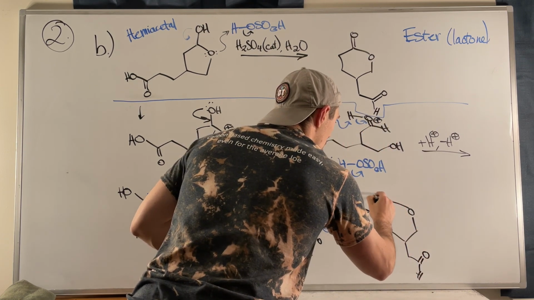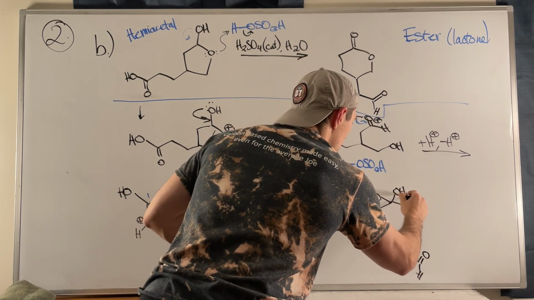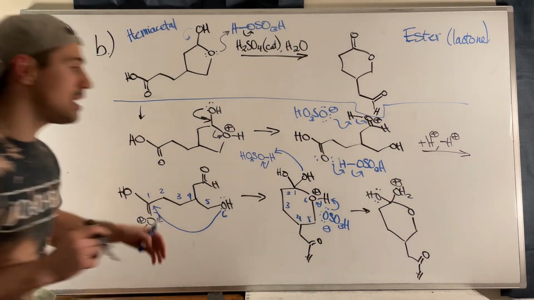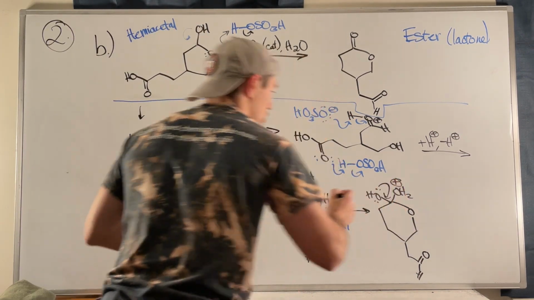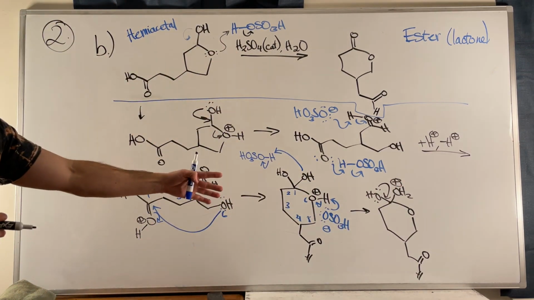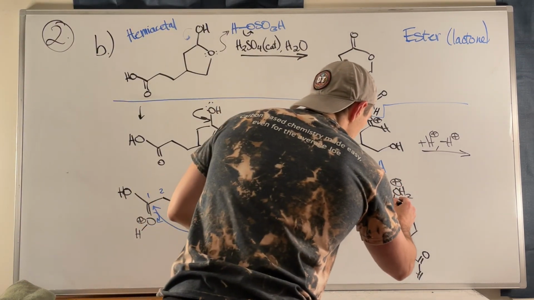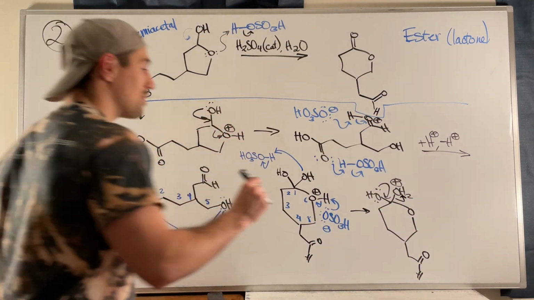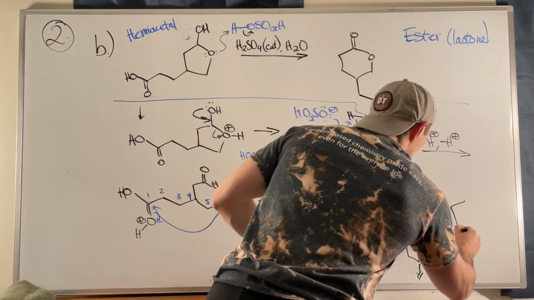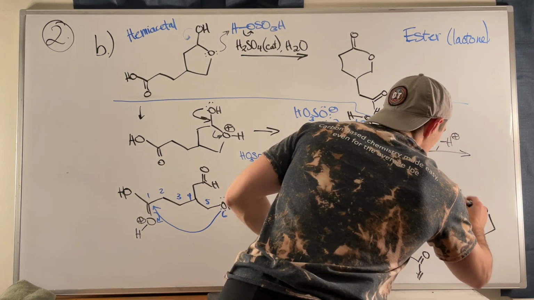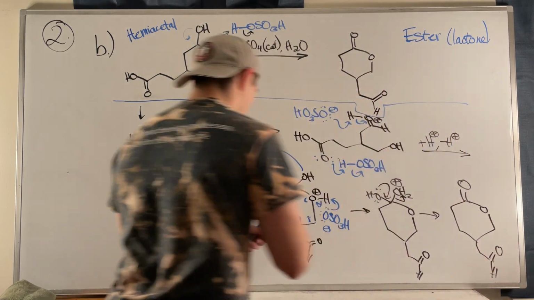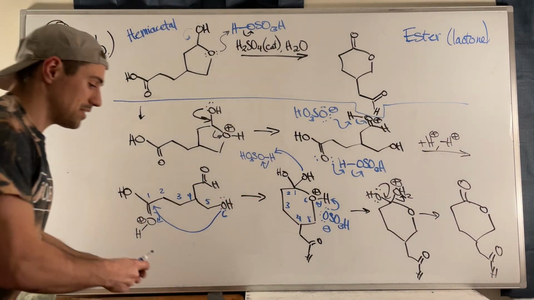So we got OH, OH2+, and what happens here, so we've done the addition, and now comes the elimination part of our addition elimination. Electrons swing down, we reform the carbonyl carbon, we boot off OH, or like water, OH2+, and we finally get our lovely product, the lactone, with the aldehyde on the bottom, using all the board space.